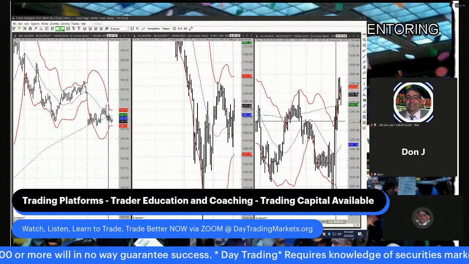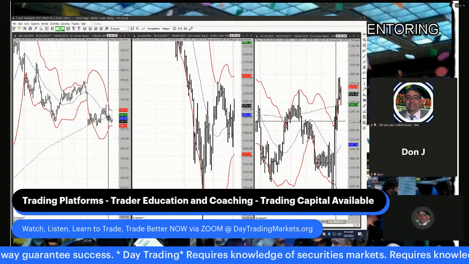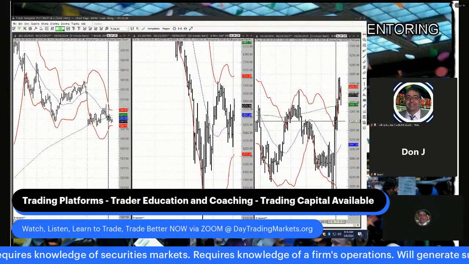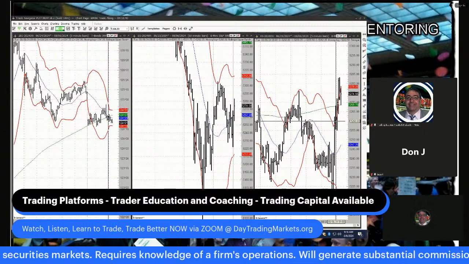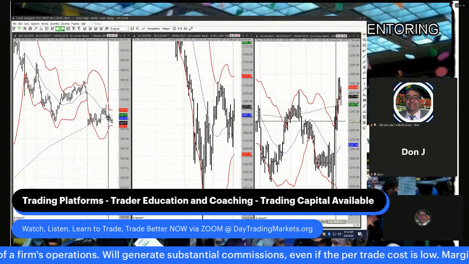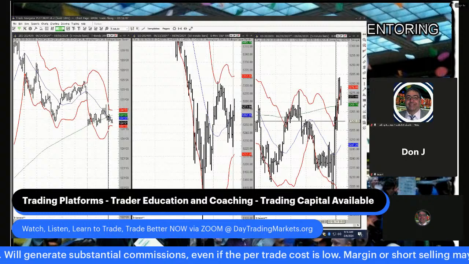All right, just chopping around a little bit. We went down to our green band and popped back up. Again, we have different opportunities there, and everybody here trades a little bit differently.